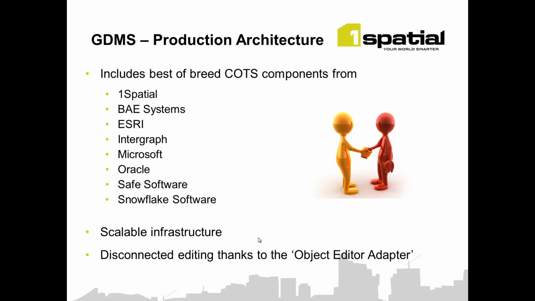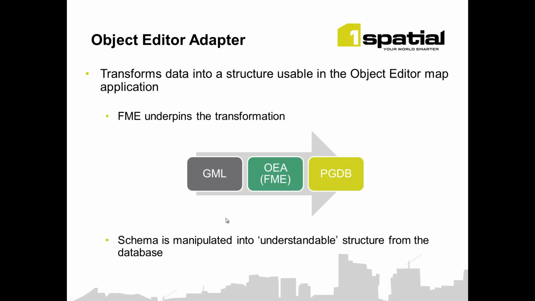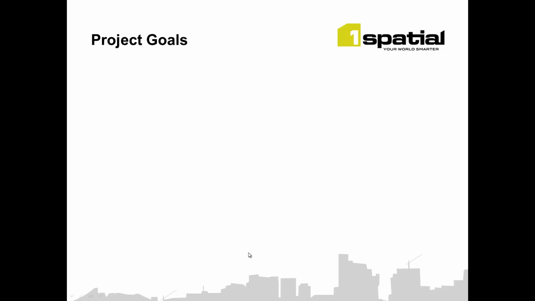I want to get into the nitty-gritty of the session to look at the FME capability, but GDMS is made up of a number of different off-the-shelf products that are brought together, and I'm going to be focusing on the specific object editor adapter, which effectively takes the data from the Oracle environment and puts it into an understandable structure that can be managed and manipulated within the editing environment that the Ordnance Survey use.